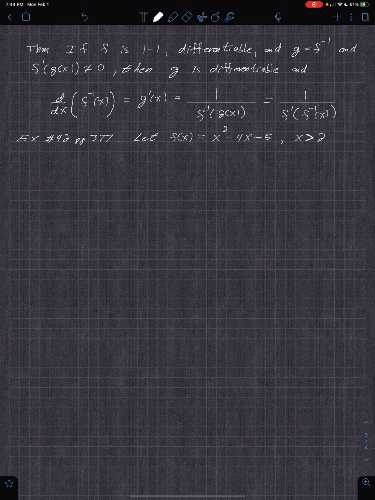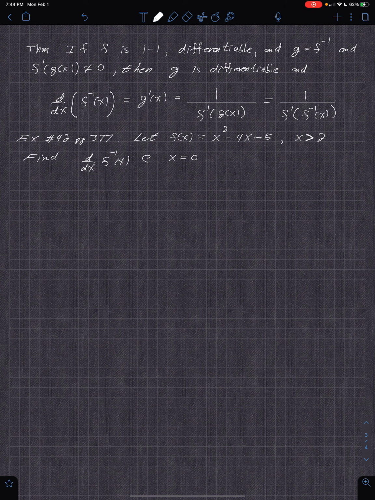So we're restricting the domain to greater than 2. And that's probably because we want to have a one-to-one function, of course. Find d/dx of f inverse of x. So find its inverse. Okay, at x equals 0.